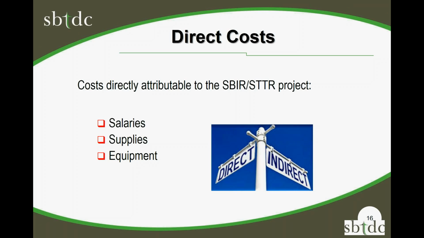In most cases, it must be under $5,000 in price to be incorporated as a direct cost for a project. But salary, supplies, equipment, those are the 3 main buckets of direct costs that are going to be incorporated into your project.